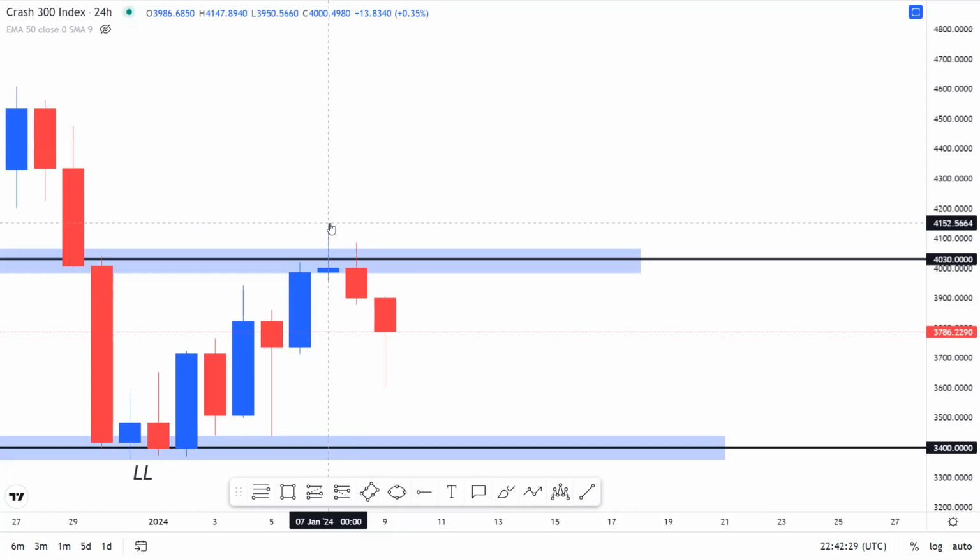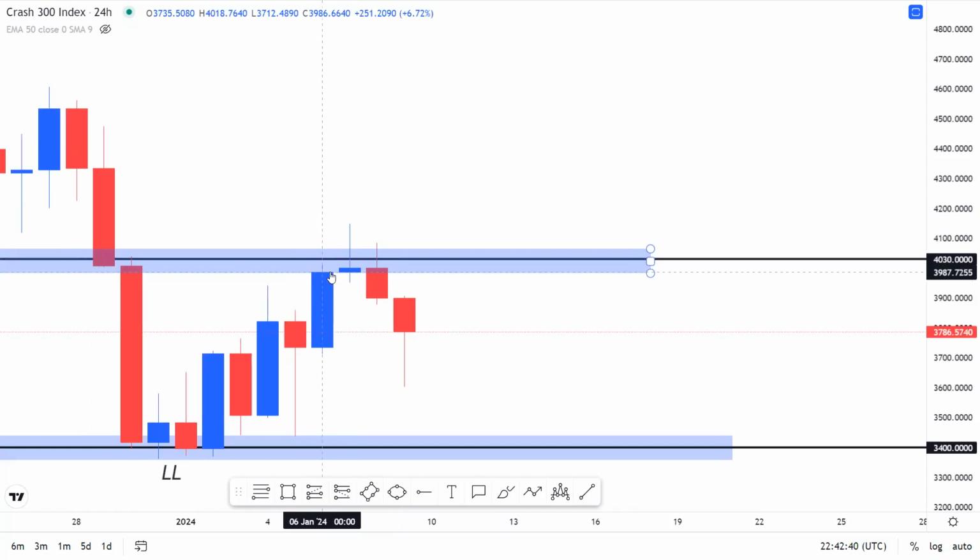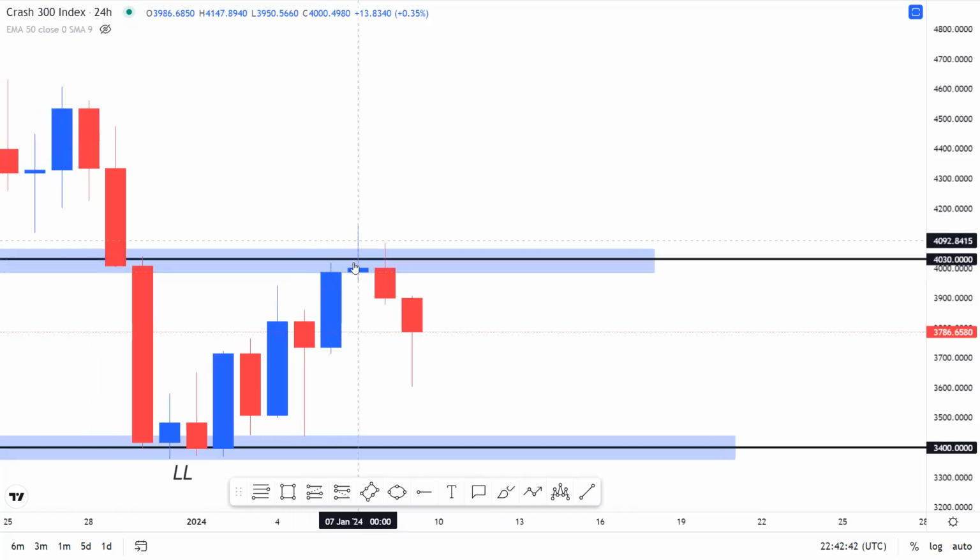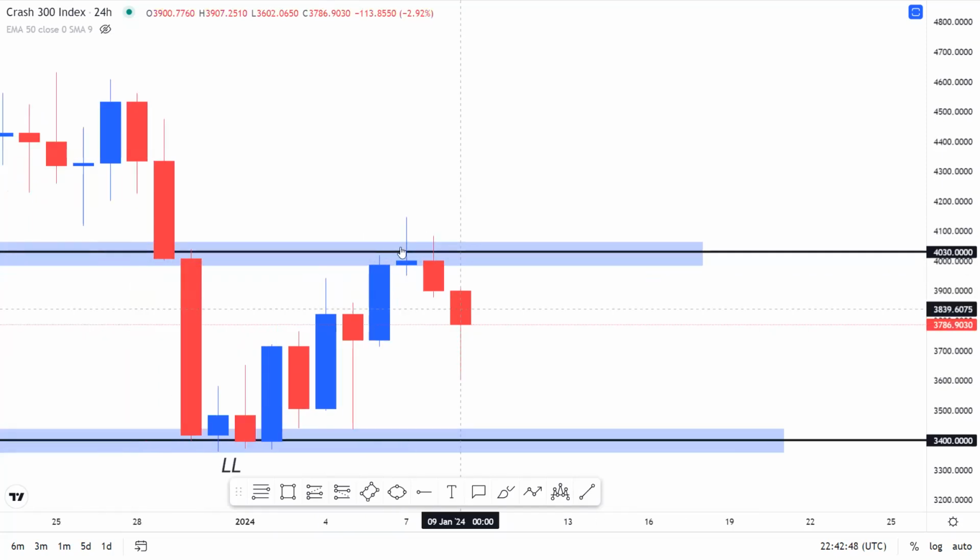The sellers came in with their sell orders, moving price all the way from these highs back into my area of interest, and then nicely closing as a rejection candlestick from the area of interest.